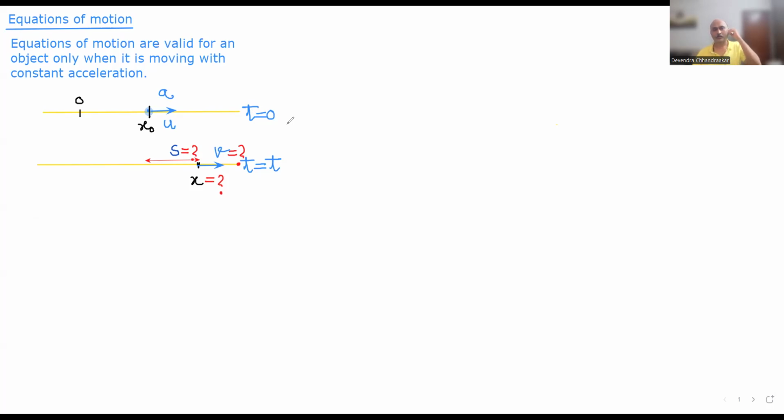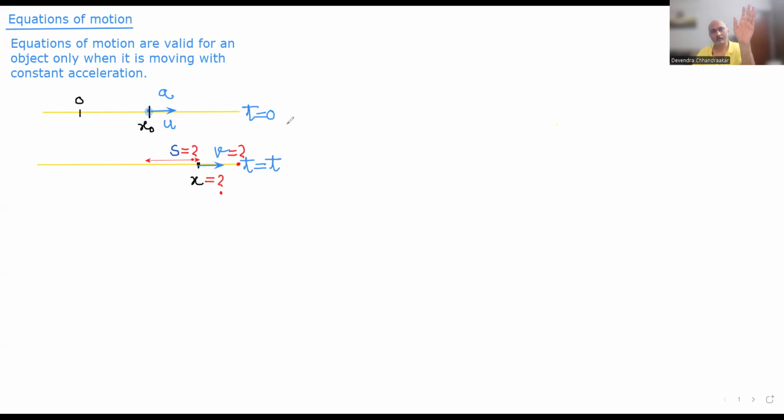In the first diagram it says x0 and then the next one is x equals question mark. We have to find x. X is representing the position of the particle. It is along the x-axis. As I said, the particle is moving in one dimension, which means it is moving along the x-axis.